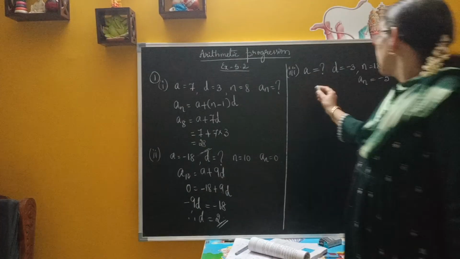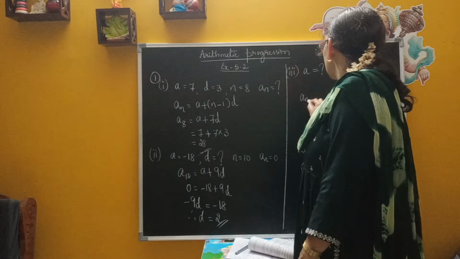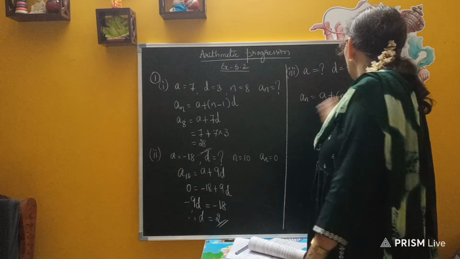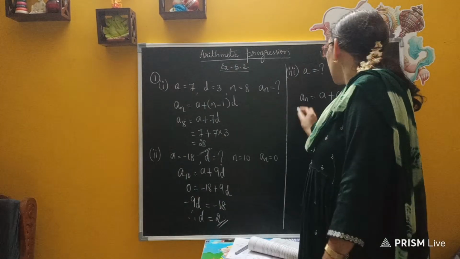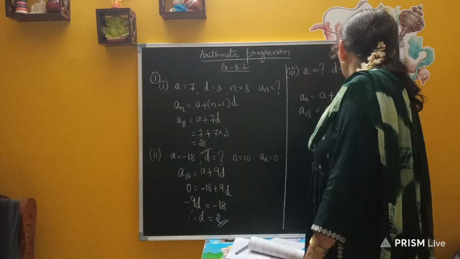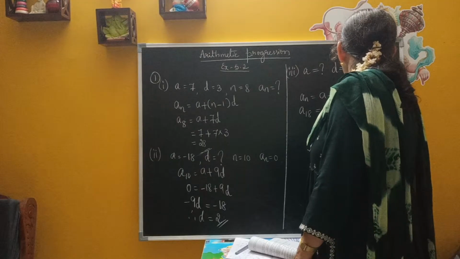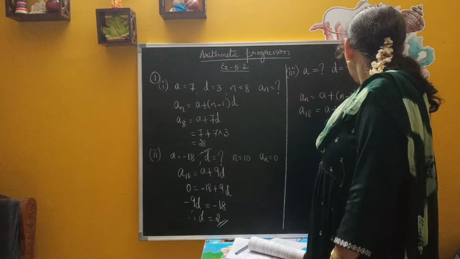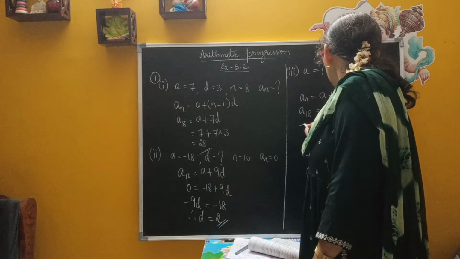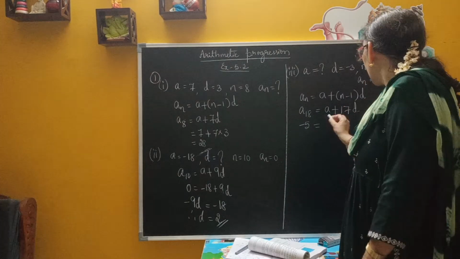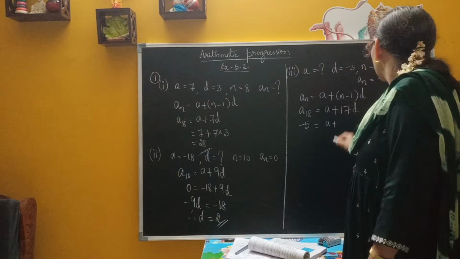So A18 is equal to A plus 17D. A18, how much is it given? The AN value is minus 5. Minus 5 is equal to A plus 17.